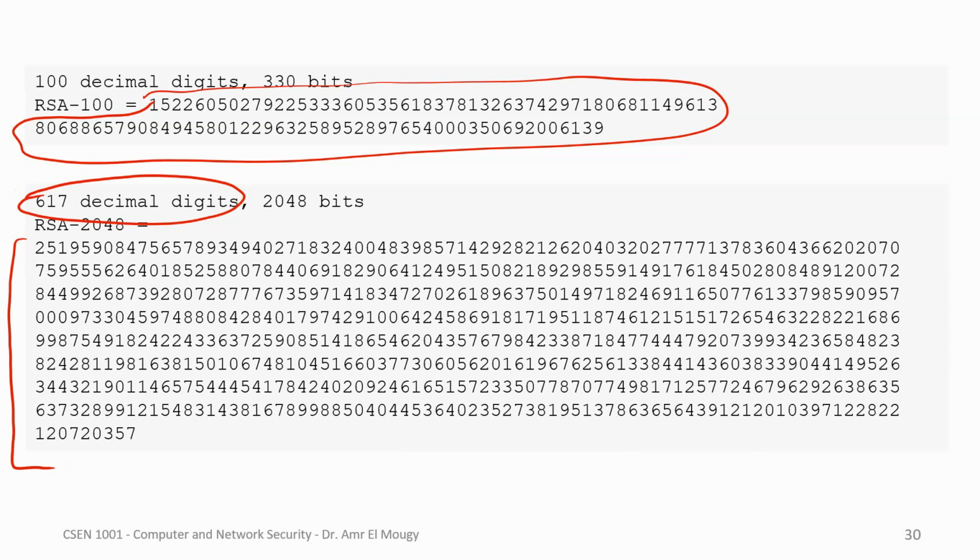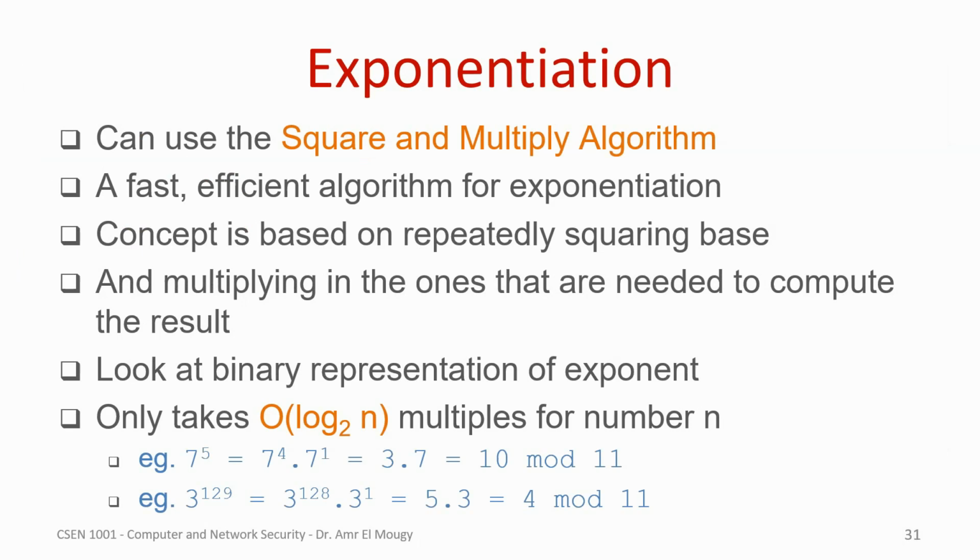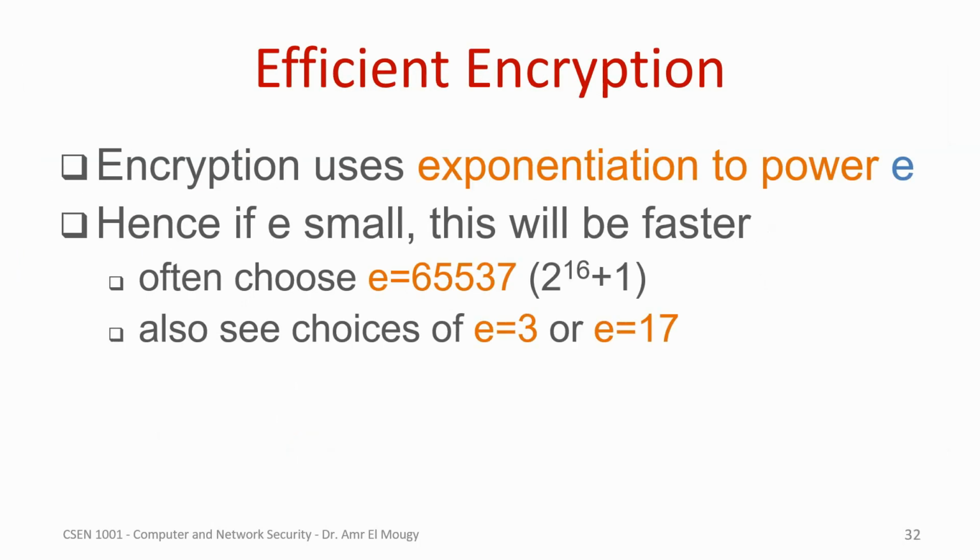This is actually why brute force is nearly impossible in this case. The number is just too large. And this is why doing operations on RSA is mathematically challenging. This is why we still use AES, because it can achieve high security with a much smaller key size. Okay, we saw the square and multiply algorithm.